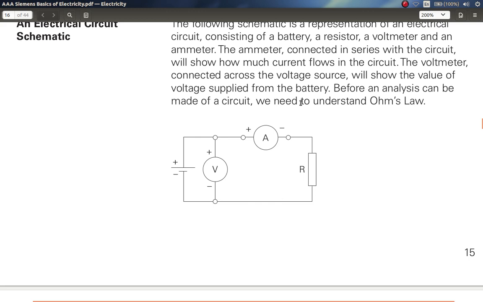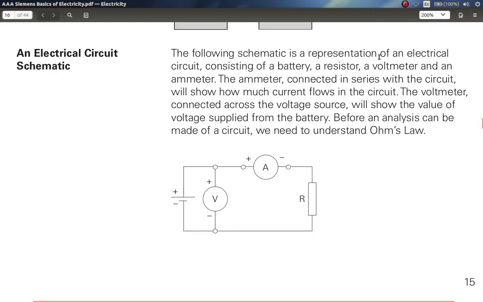So the following schematic is a representation of an electric circuit consisting of a battery, you see here, a resistor, which you see here, a voltmeter, which is here, and an ammeter, which is here. The ammeter connected in series with the circuit will show how much current flows in the circuit.